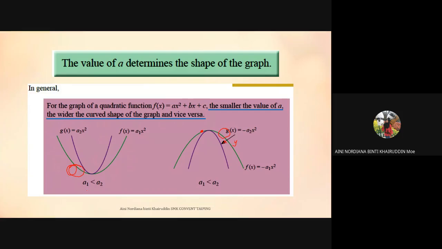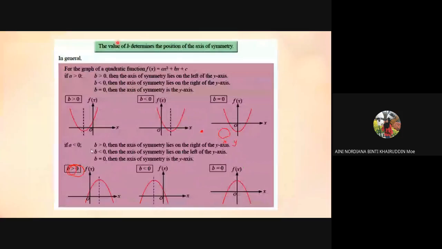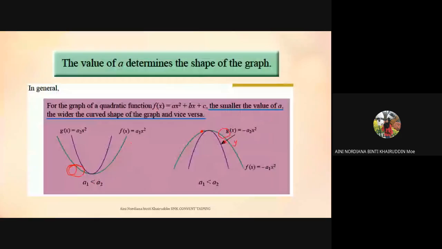Means if A1 less than A2, sekejap I bagi contoh. If A1 less than A2, let's say A1 I letak 2. So A2 akan jadi berapa? If here 2, ini mestilah greater than 2. Let's say I letak 3.